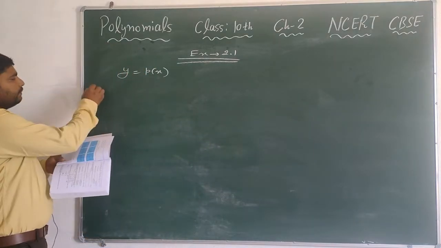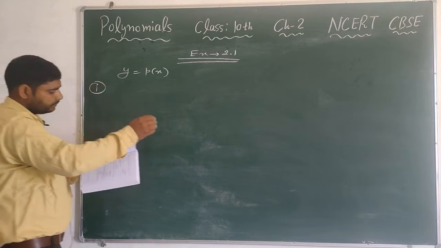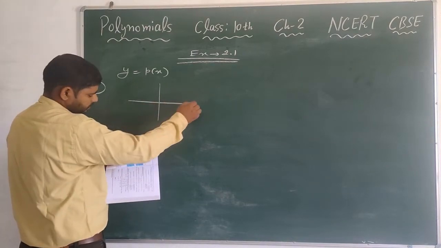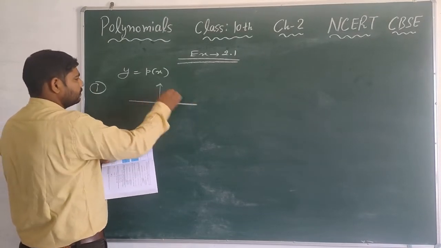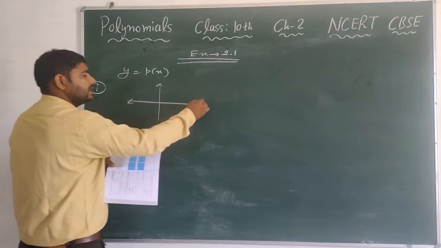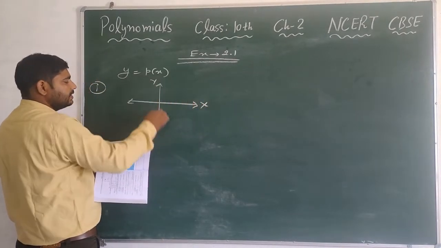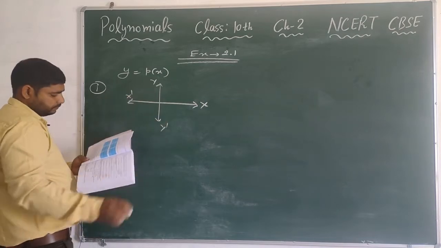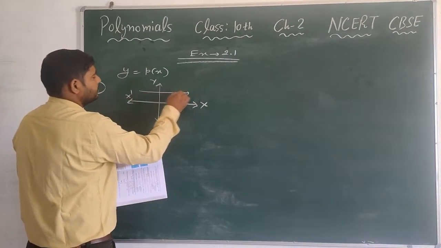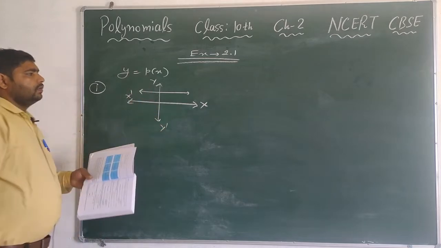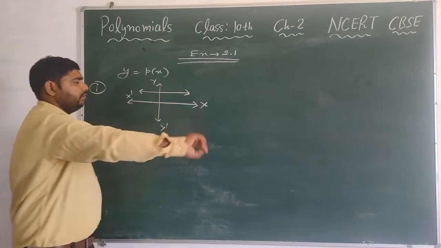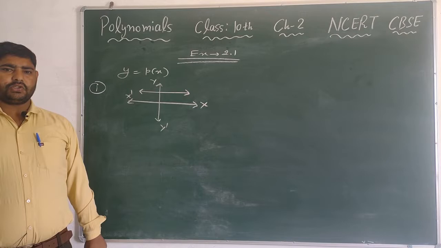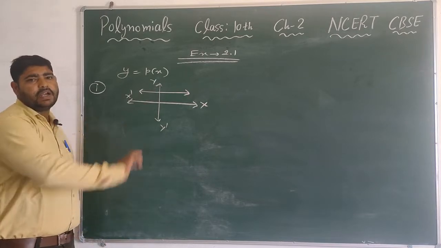For example, part first. This is the x-axis, this is the y-axis. We will find out the number of zeros of this given graph.